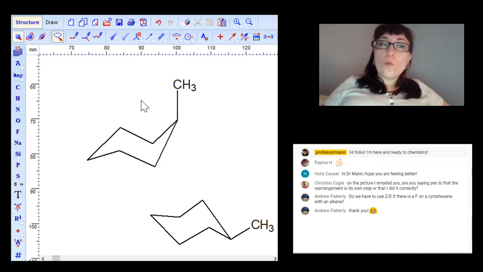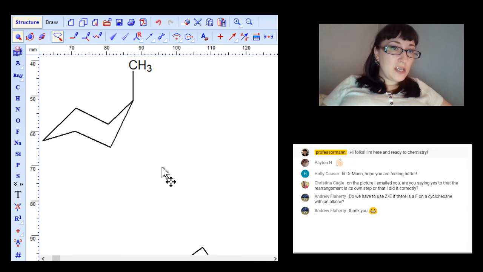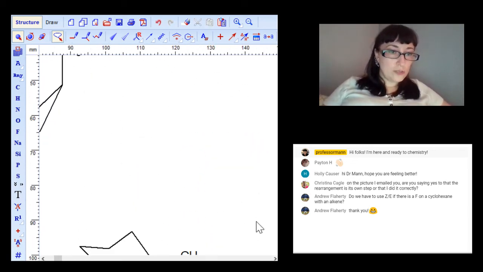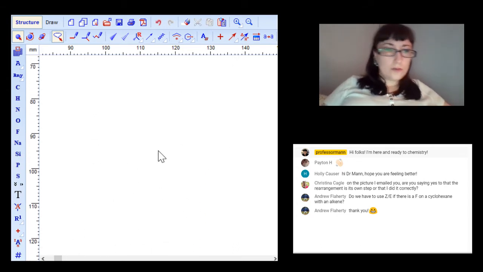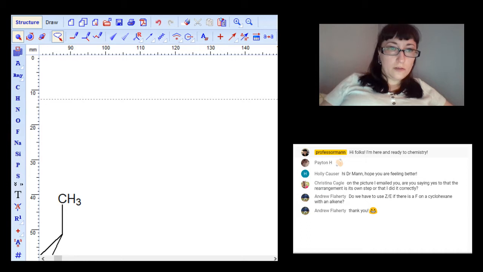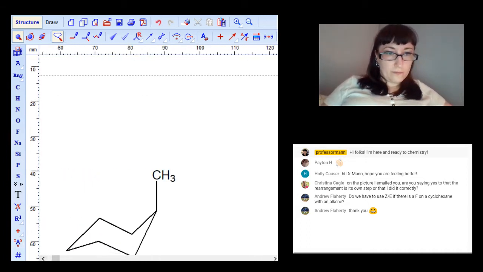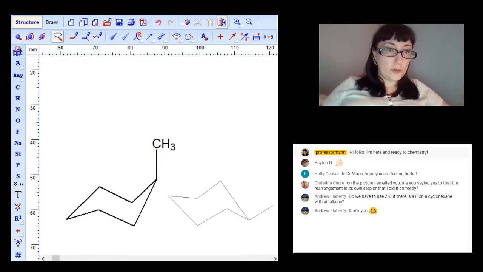So like, what is the name of this molecule? Shoot, sorry. Trying to make a point and unsuccessfully doing so.